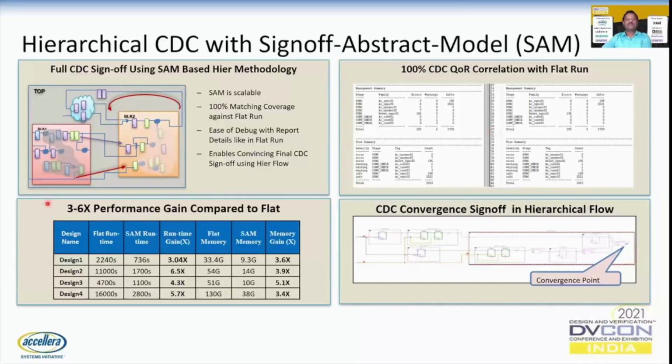In terms of performance improvements, there is a huge gain observed with reduced runtime and reduction in memory consumption. The traditional hierarchical flow has a known limitation with respect to convergence analysis for CDC verification. SAM flow takes care of performing convergence analysis as well as provides visibility into the design structure for debugging it.